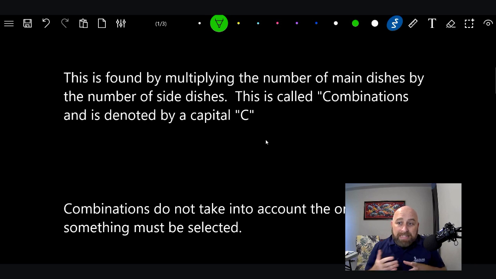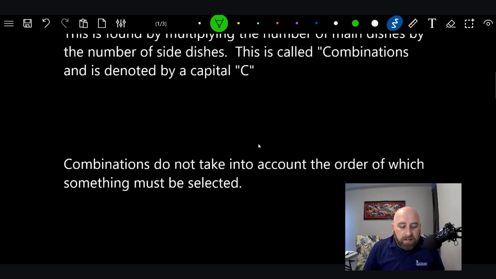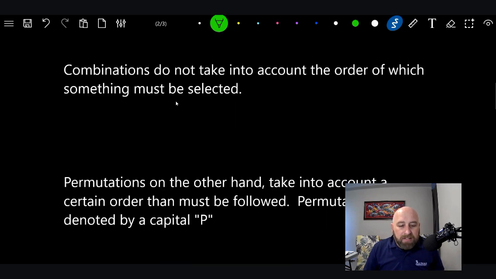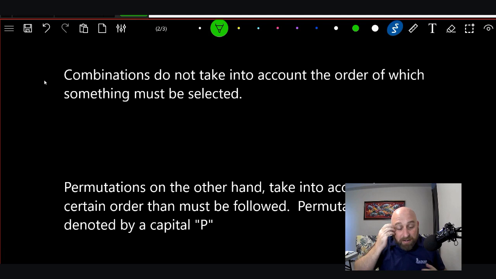Now, we're going to get to that in a minute. What does that look like, and how do we solve that? You might think, well, that's easy, I just multiply. Well, it's a little bit more complicated than that, but for the most part, you're right. Combinations do not take into account the order in which something must be selected. In other words, with a combination, it doesn't matter if you choose pizza first.